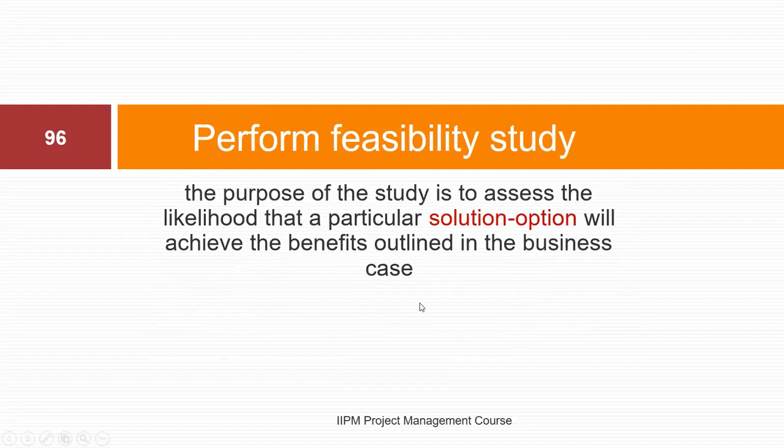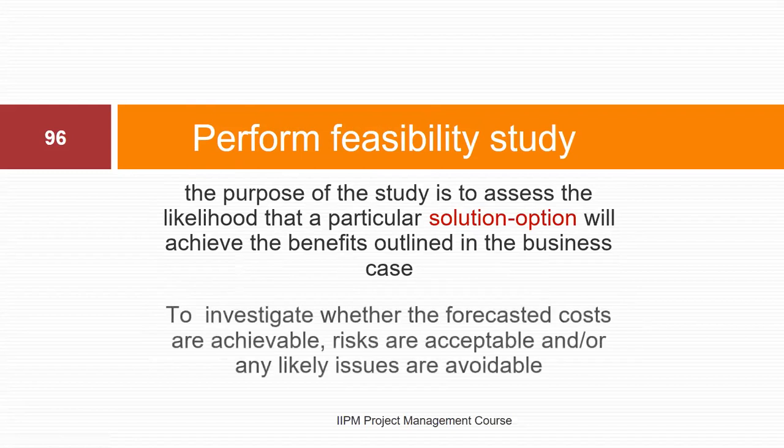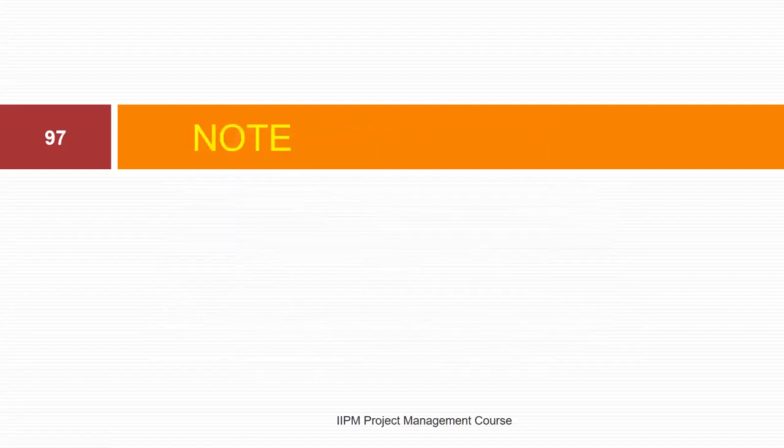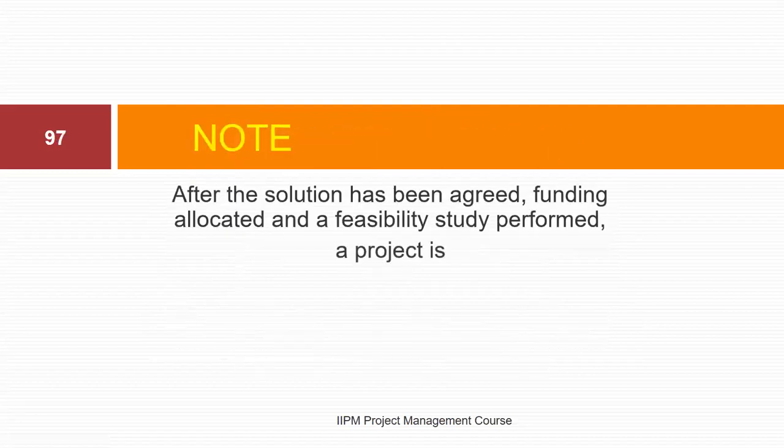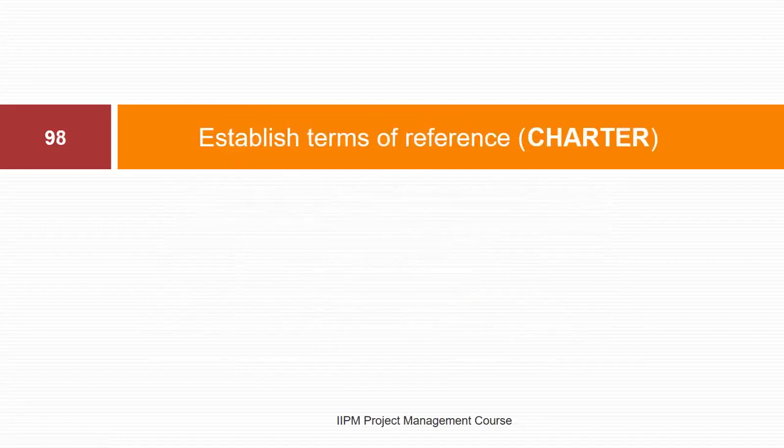Performing feasibility: the purpose of the study is to assess the likelihood that a particular solution option will achieve the benefits outlined in the business case. To investigate whether the forecasted costs are achievable, risks are acceptable, and any likely issues are avoidable. Note, after the solution has been agreed, funding allocated, and a feasibility study performed, a project is formed.